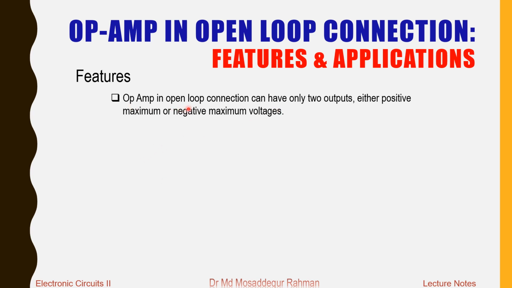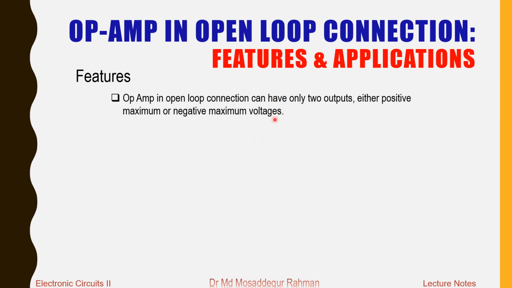The op-amp in open loop connection can have only two outputs, either positive maximum or negative maximum voltage. This is the main feature of the op-amp in open loop connection. It can have only two outputs and no other outputs are allowed.